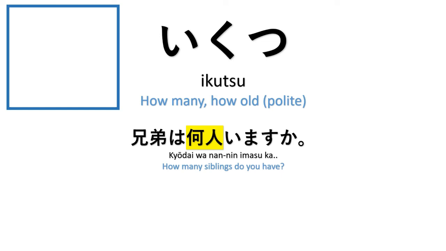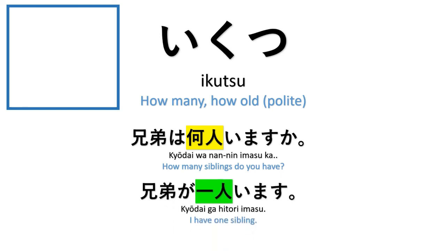So here we have nannin. 兄弟は何人いますか？And then followed by いますか？兄弟が一人います。I have one sibling. Okay? So again, do not use ikutsu when asking how many people are there. Use nannin.